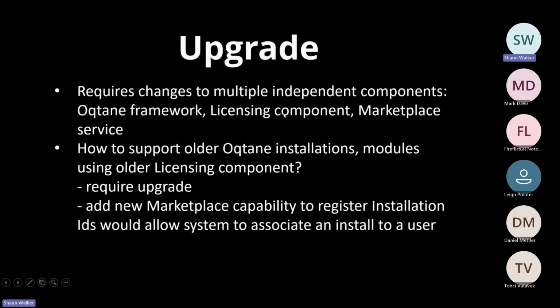It needs changes to the licensing component. The licensing component also needs to be aware of this token that's stored in the installation, and pass along that information to the marketplace when it makes a request to get a license from the marketplace. And then there's the marketplace website service itself that requires changes. So there are three independent components that all require changes.